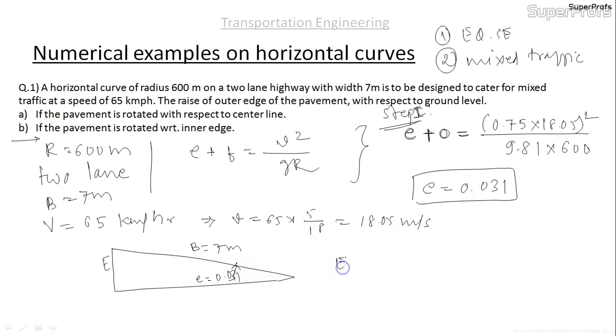So capital E equals B into E, which is 7 into 0.031, equal to 0.22 meters.